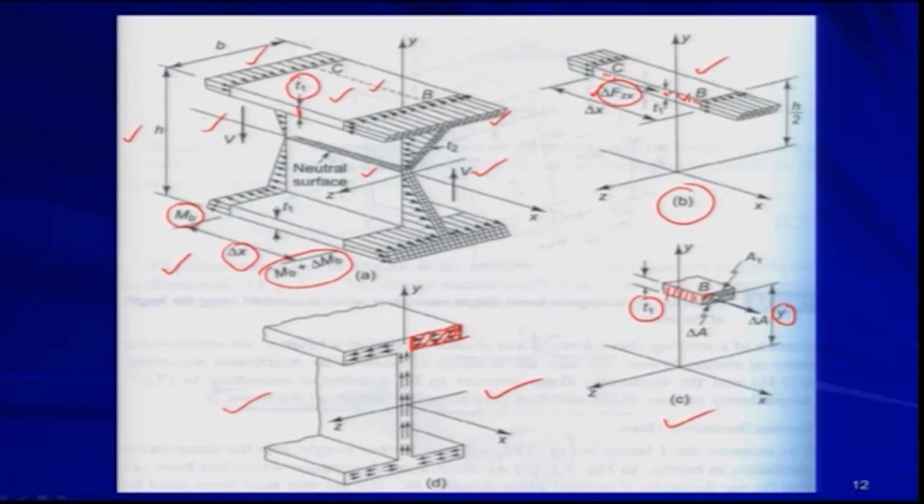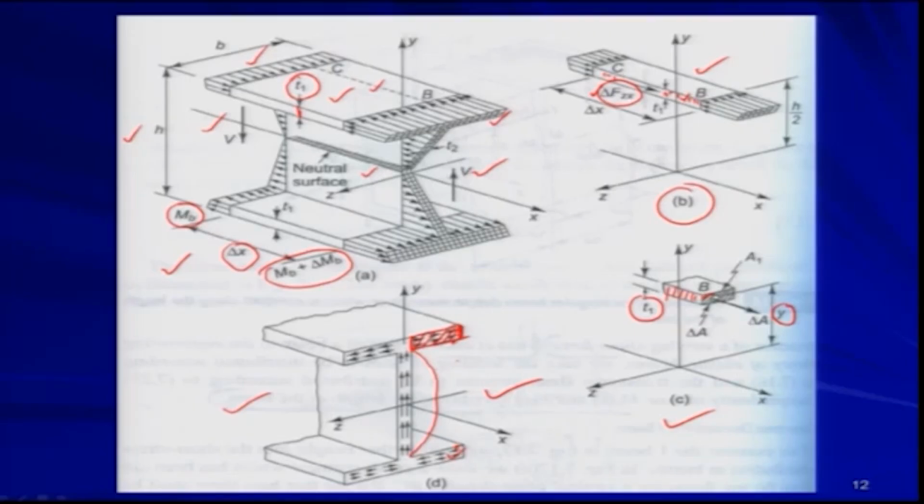So, in each flange, tau xz varies linearly from a maximum at the junction with the web to 0 at the edge, while in the web the stress tau xy has a parabolic distribution. What I mean to say is, in this flange part there is no material from this point to this point, so this is something like an overhanging part.